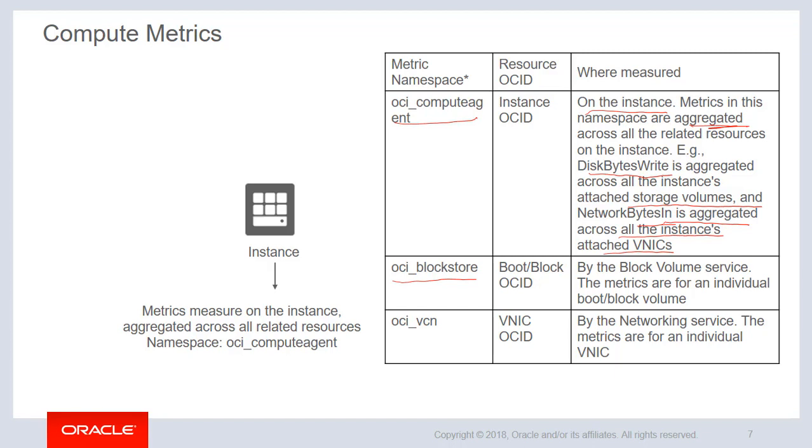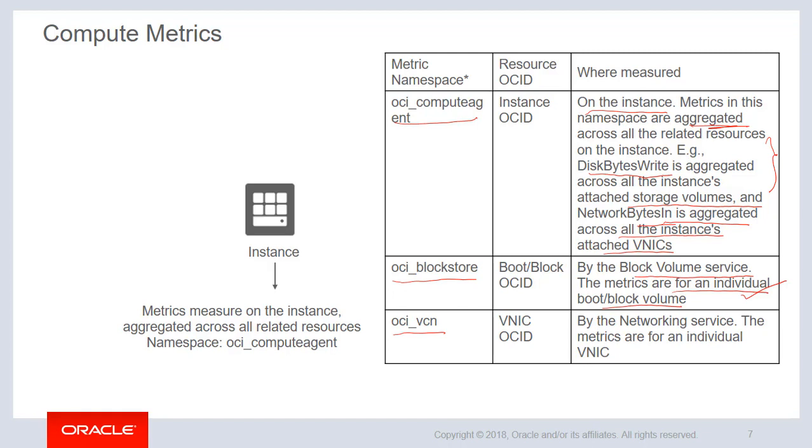And in the block store, you can see that the measurement is done on the block volume service, and the metrics are for an individual boot or block volume. So that is the difference between this one here and this metric here, where one is aggregated and one is for individual boot or block volumes. And the same thing for OCI VCN namespace.